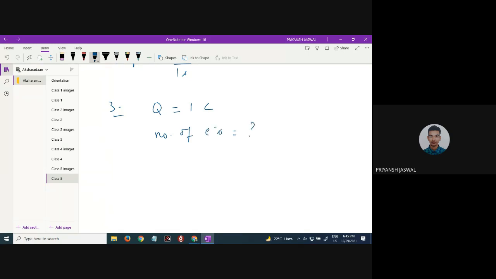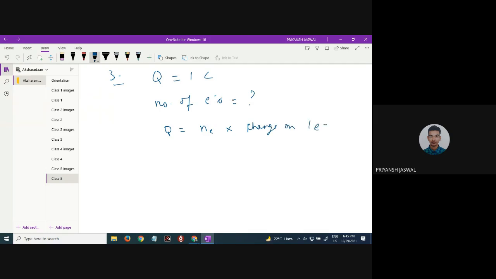So it's simple, we can use a simple formula that charge is equal to number of electrons into charge on one electron, because charge is made up of the negative charges, the number of electrons flowing. So if we are asked the number of electrons in 1 coulomb, simply we can multiply charge on one electron into number of electrons flowing, and that will give us the total charge.